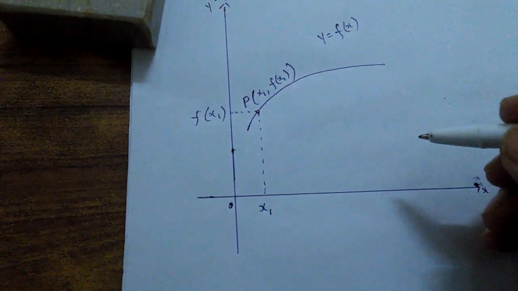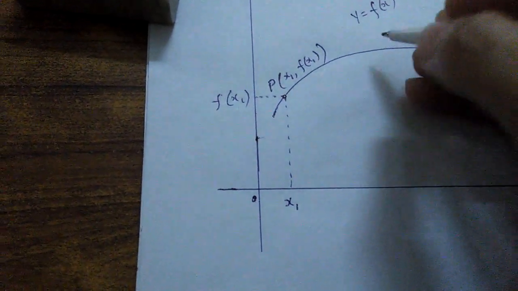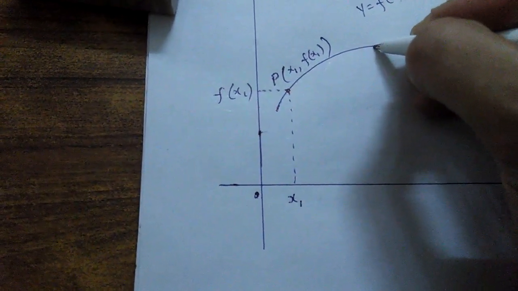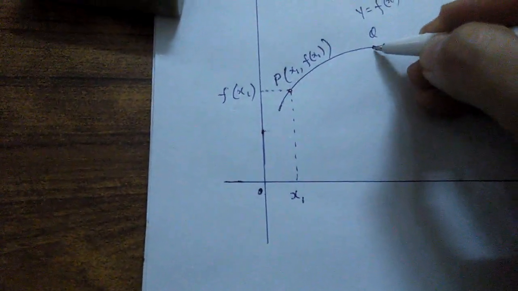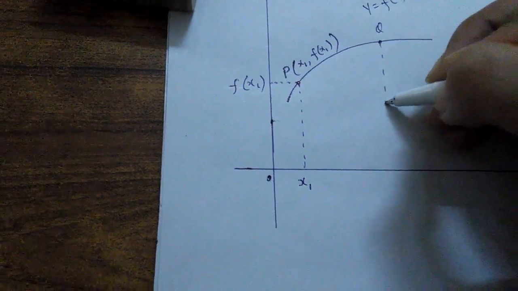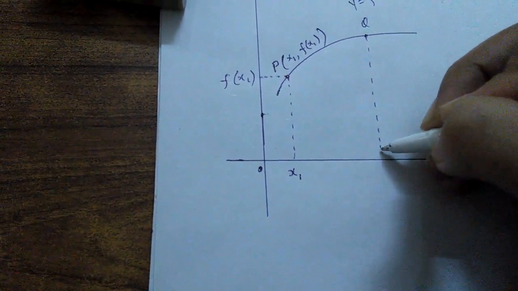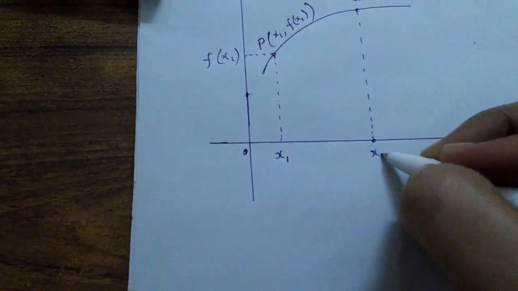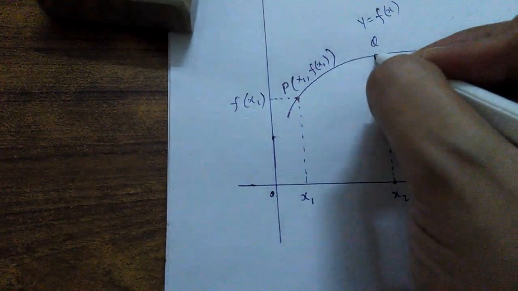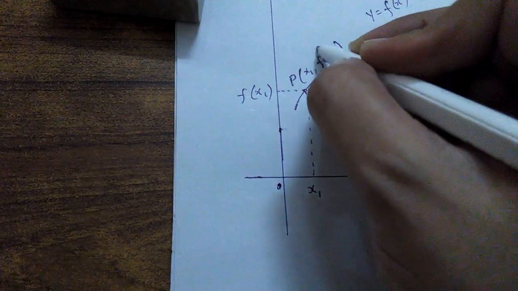Now in the same way, I maintain another point here and I call it Q. Its x coordinate is projected at this position, and it is x2. In the same way, the corresponding y value is mapped over here.